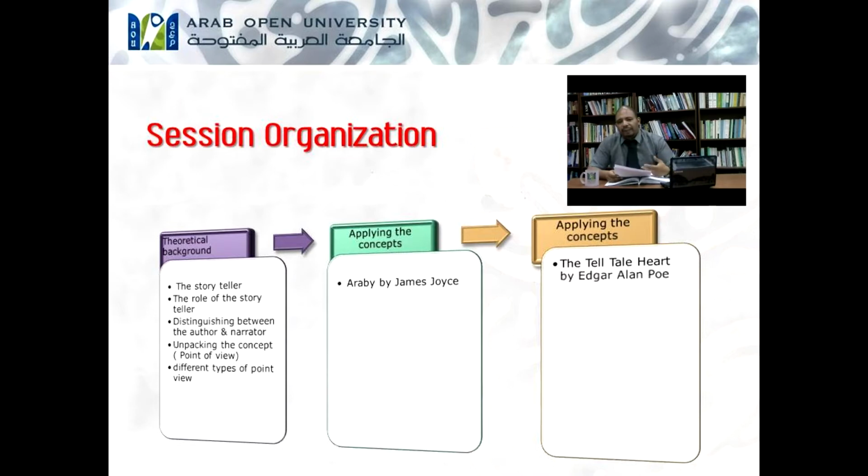After we're done with that, we're going to move to the third part of the session, which is going to be also discussing another short story, The Telltale Heart by Edgar Allan Poe.